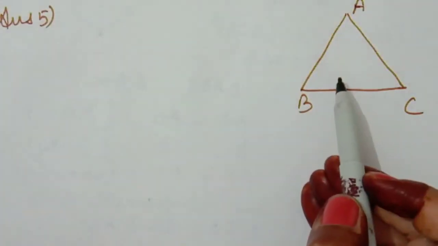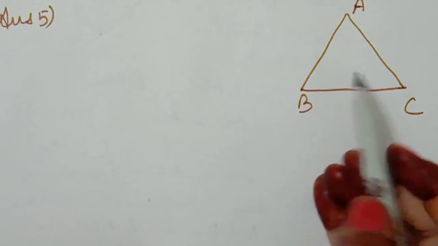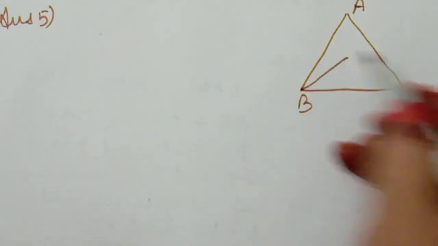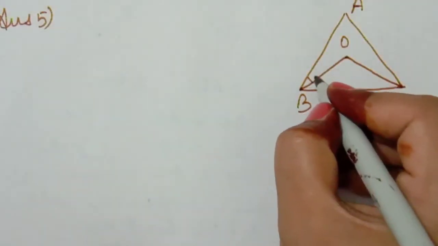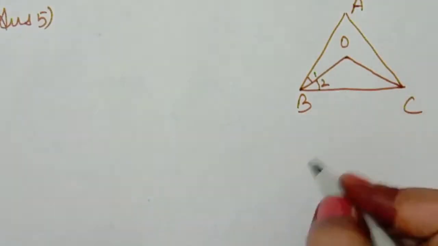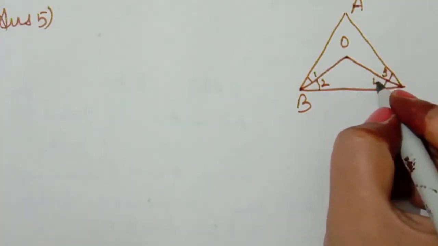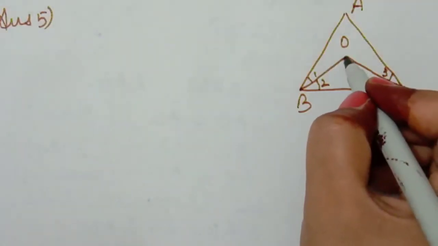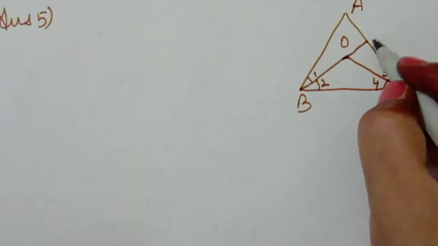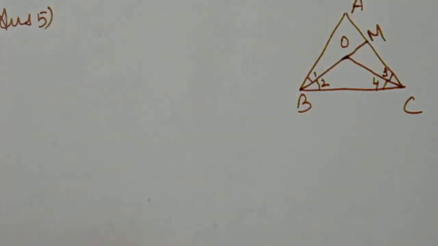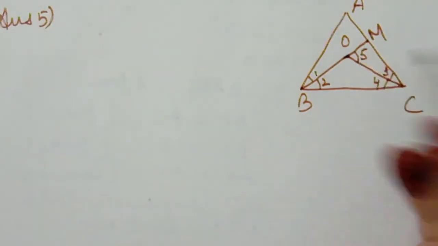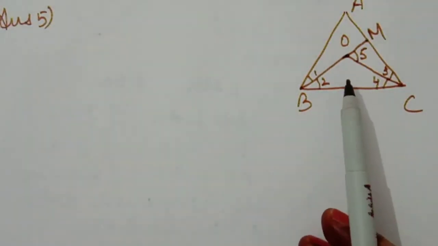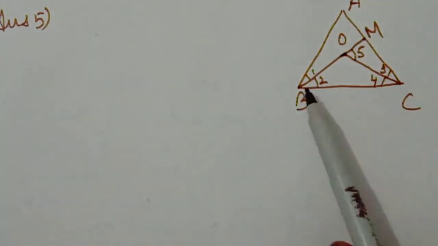So students, in question number 5, triangle ABC is there and the bisectors of angle B and angle C meet at point O. So it means angle 1 and angle 2 are equal to each other, and angle 3 and angle 4 are also equal to each other. Then he said produce BO which cuts AC at point M, and we have to prove that angle MOC, this angle 5, is equal to angle ABC, which is angle B.